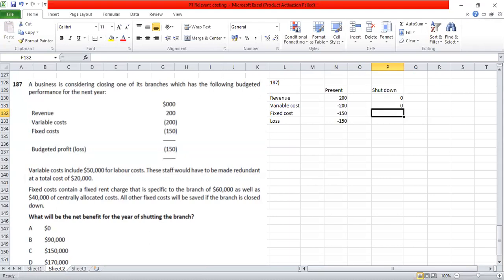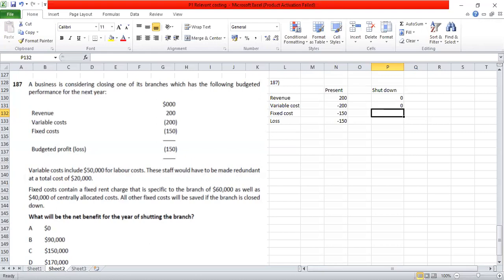Then fixed cost contain a fixed rent charge that is specific to the branch of 60,000 as well as 40,000 of centrally allocated costs. So that comes out to be 150 minus 100.